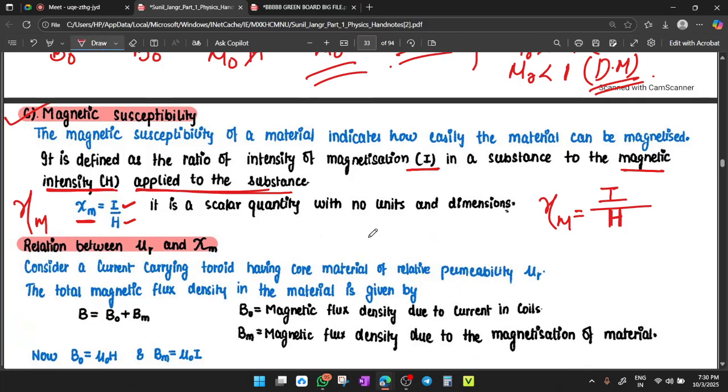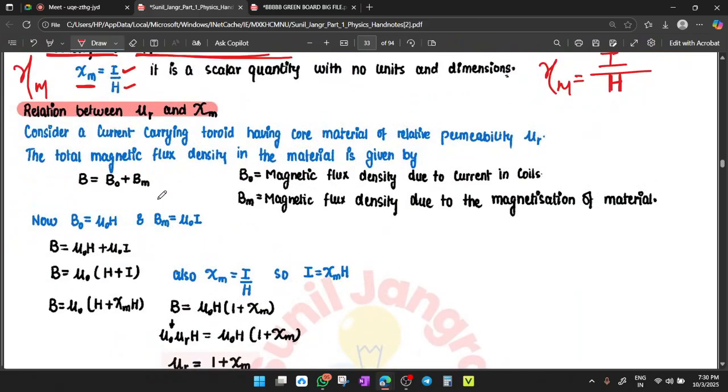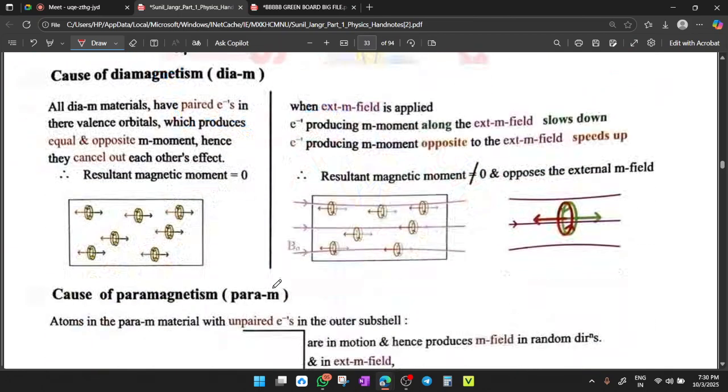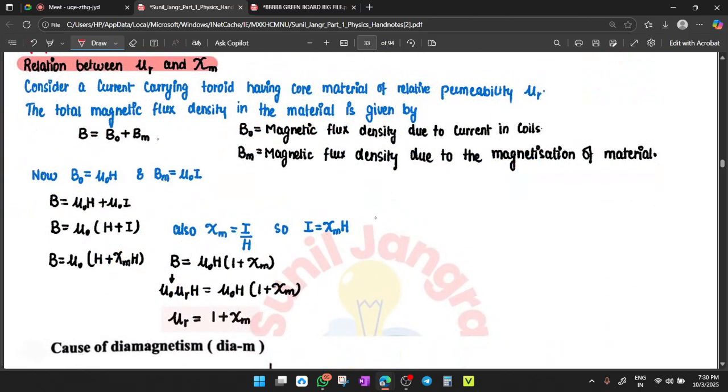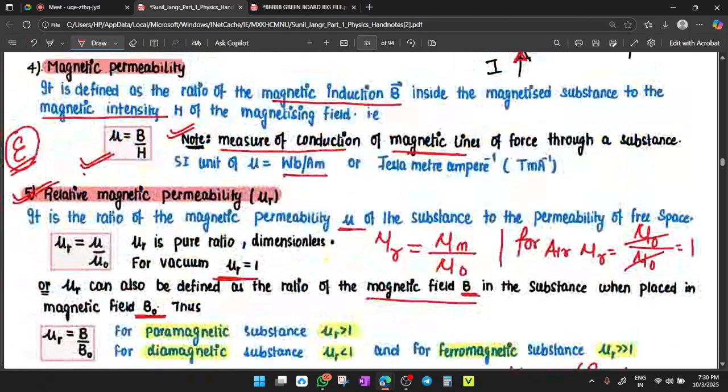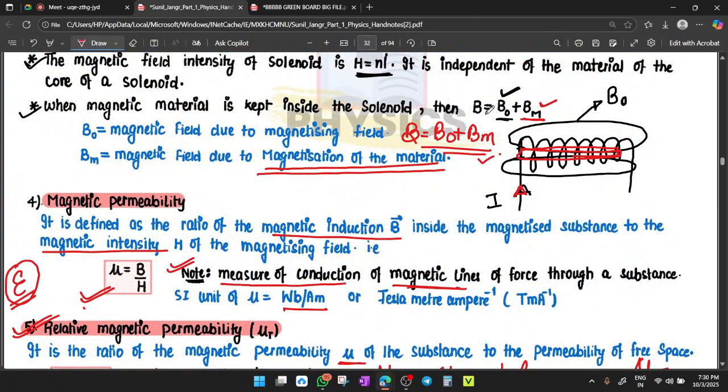Okay. Now next, the relation between mu r and chi m. This is a very important relation and is going to lead to the Curie temperature concept. Consider a current carrying toroid having core material of relative permeability mu r. The total magnetic flux density of the material is given by, as I said here, the total magnetic induction is given by B naught plus Bm.